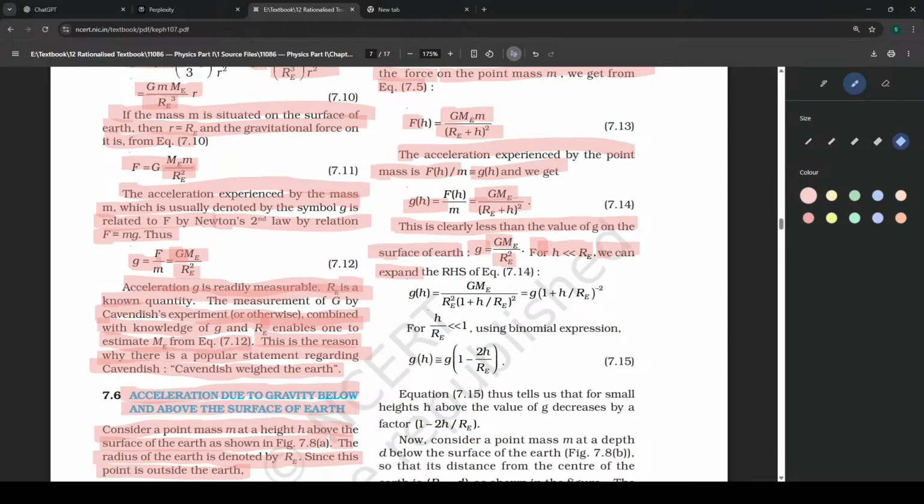We can expand the RHS of equation 7.14. Here we are expanding it. g of h is equal to GM_e by (R_e + h) square.